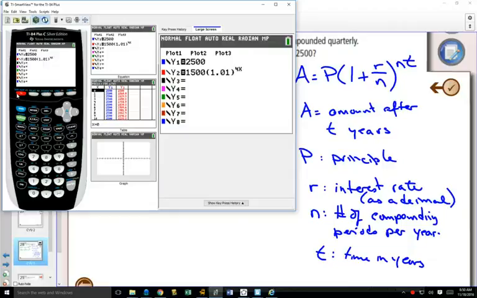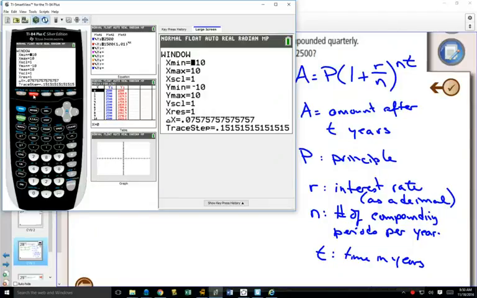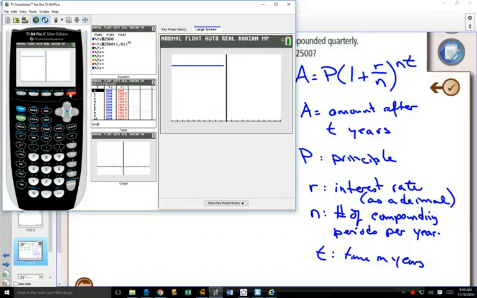What kind of graph is that? Straight line. Going through what? Going through 2,500. So when I'm looking at my window and I went up to 10, that could be a problem. So just knowing about y1, you could say, well, I'll go up to 3,000 now. And I'm going to hit graph and see, does that make a difference?